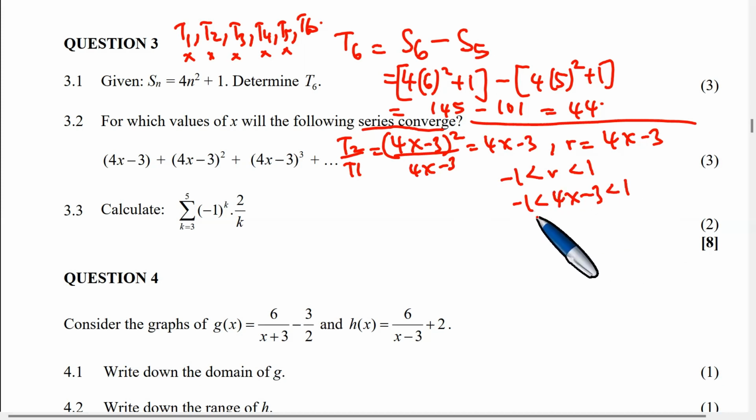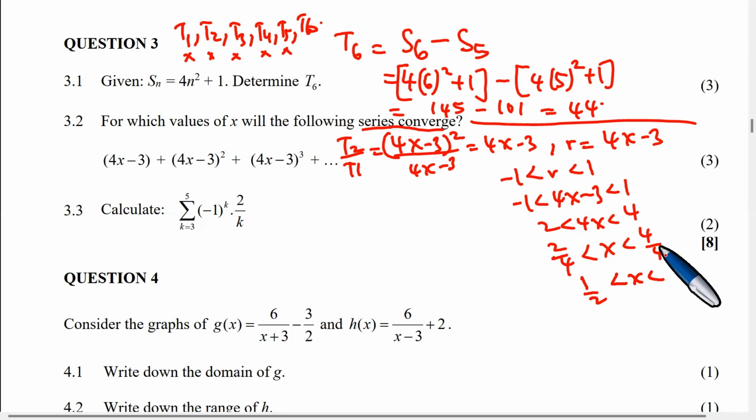You add 3: 3 minus 1 is 2, and 3 plus 1 is 4. You divide by 4: 2 divided by 4 is 1/2, and 4 divided by 4 is 1. So the values of x for which the series converges are those that lie between 1/2 and 1.